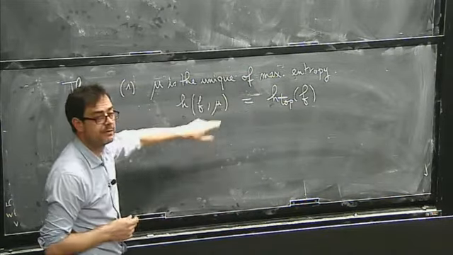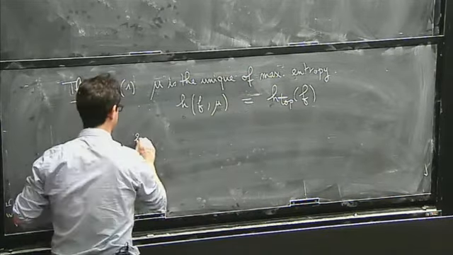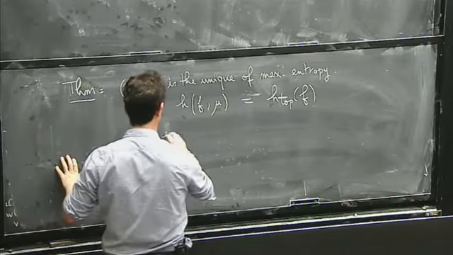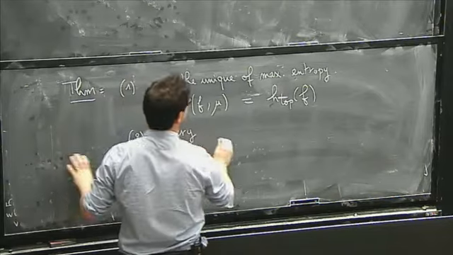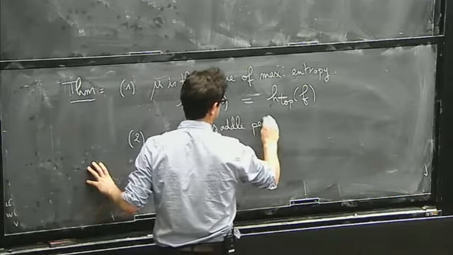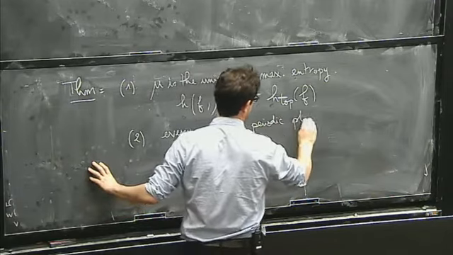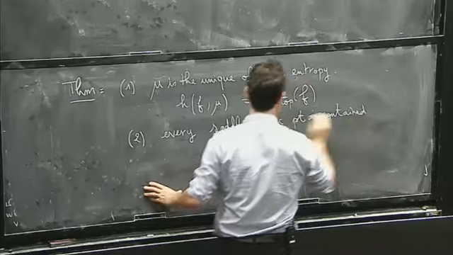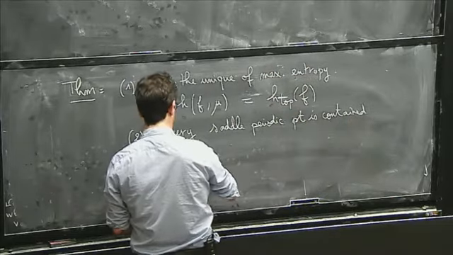The second statement is that every saddle periodic point is contained in the support of mu.